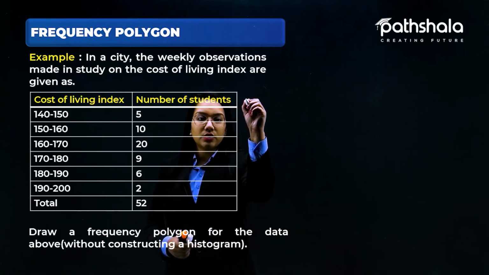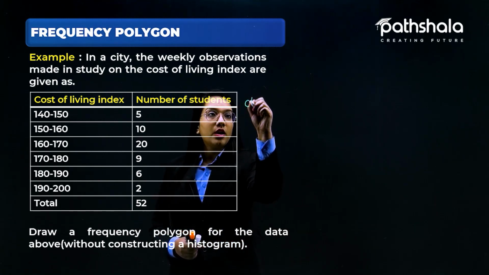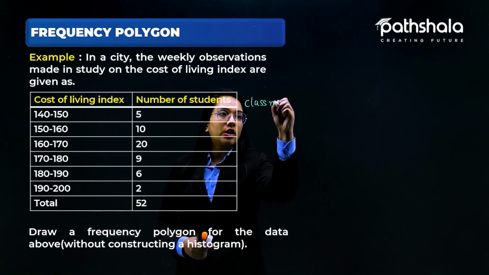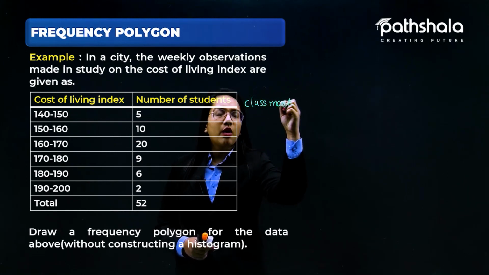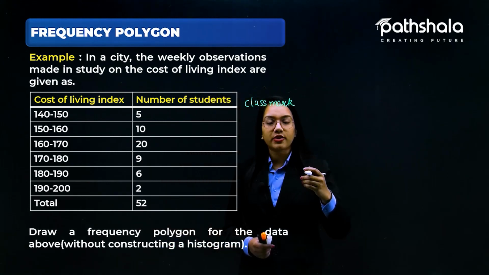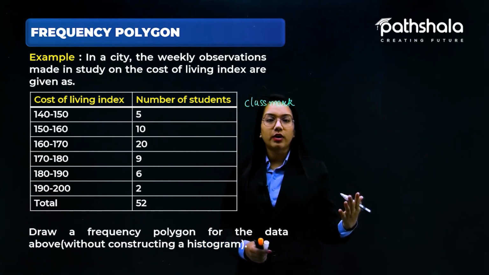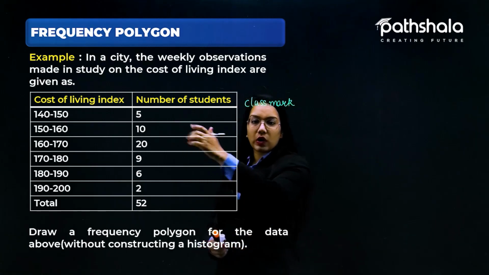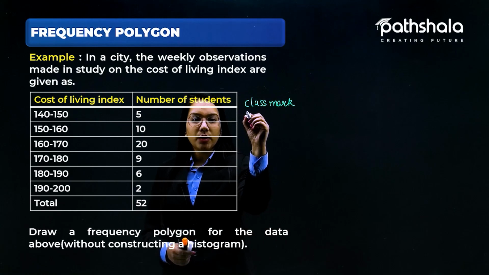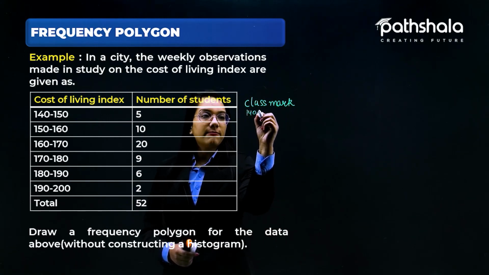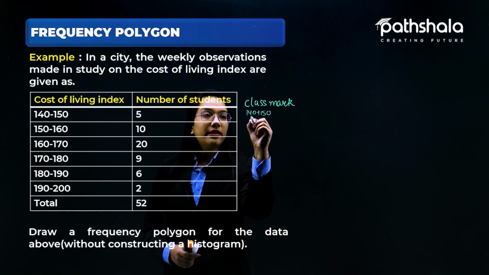So first of all, we have to construct the class marks. Let us suppose I'm extending this table over here, constructing the class mark. We know how we can construct the class mark. Class mark is upper limit plus lower limit divided by 2. So for the very first one, this is 140 plus 150 divided by 2.